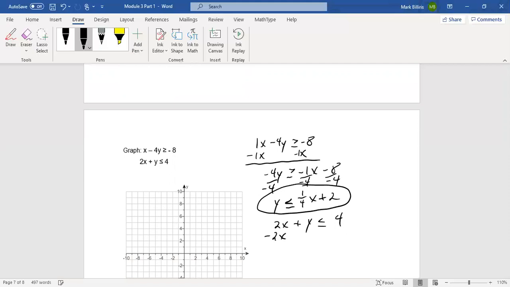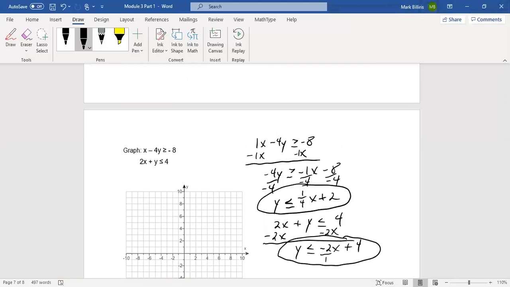So I'm going to subtract 2x. So that gives me y is less than or equal to -2 over 1x. I didn't change the inequality symbol because I didn't divide by a negative. Subtracting is not dividing.